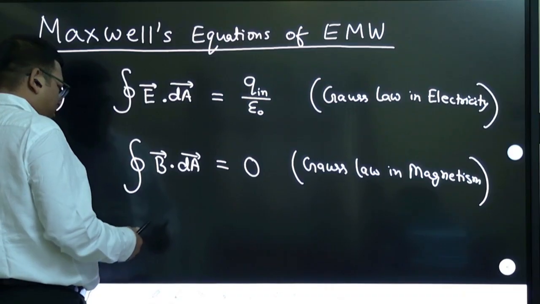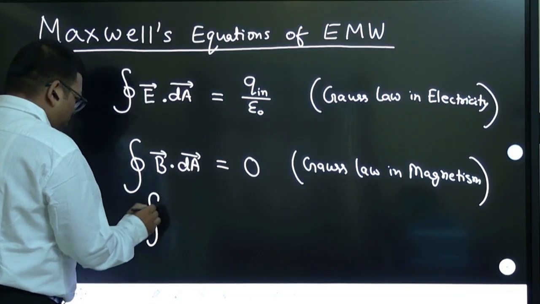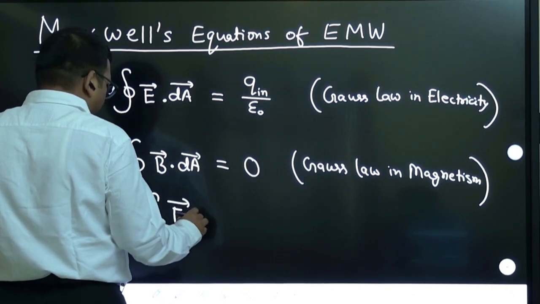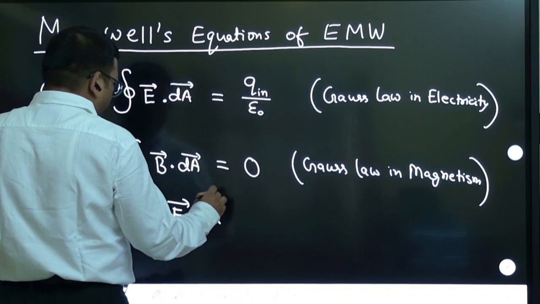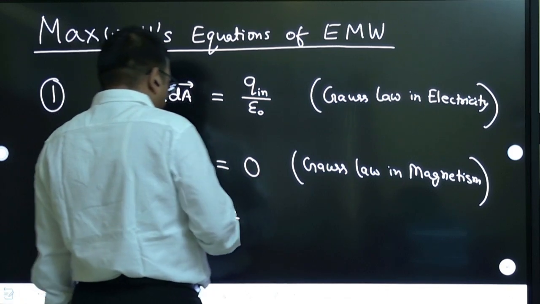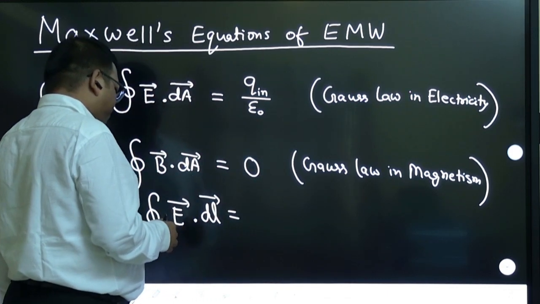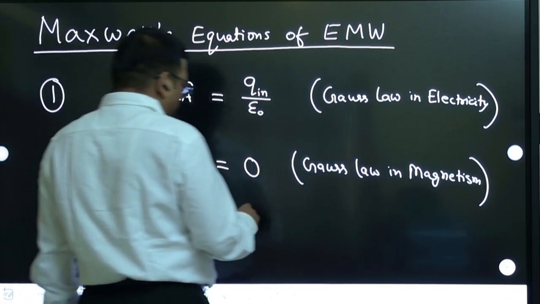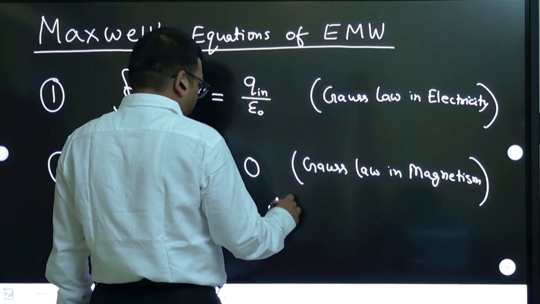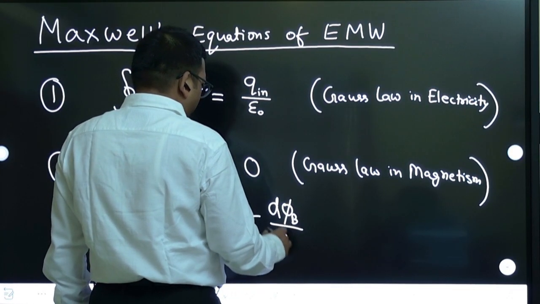Then another thing is the line integral of E dot dl, the line integral of the electric field, which is like the EMF, equal to minus the rate of change of magnetic flux, d phi B by dt.